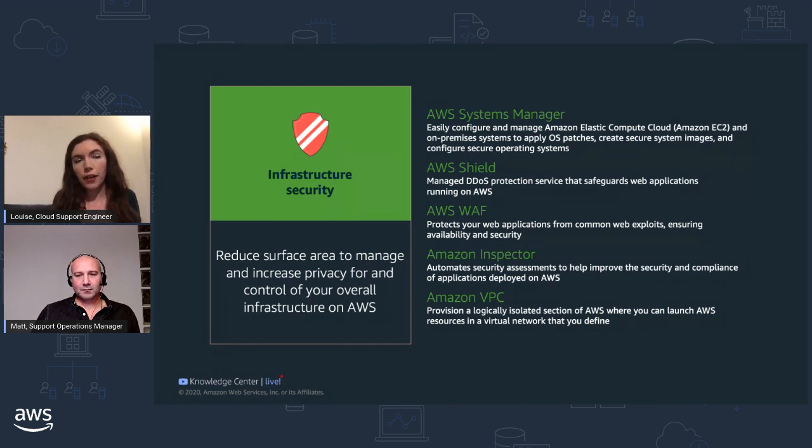We also have AWS Shield, which is our managed DDoS protection service, and this safeguards web applications running on AWS. There's Shield Standard, which is free for all customers and automatically enabled by default in your account. It protects against layer 3 and layer 4 attacks, so SYN flood attacks, UDP flood attacks, reflection attacks, things like that.